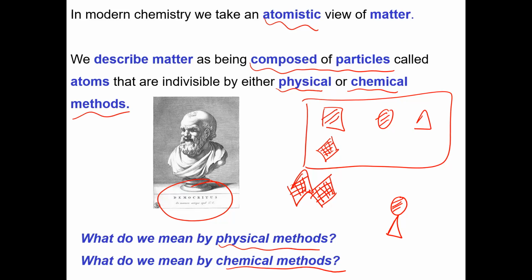So therefore, slicing or cutting an object would be described as a physical method. A chemical method is one where we break connections between atoms. So for example, if I took this object here and broke it apart into its component atoms, then I would be dividing this using a chemical method.